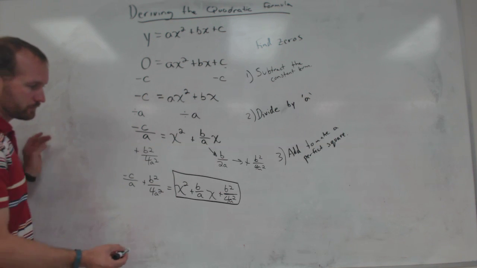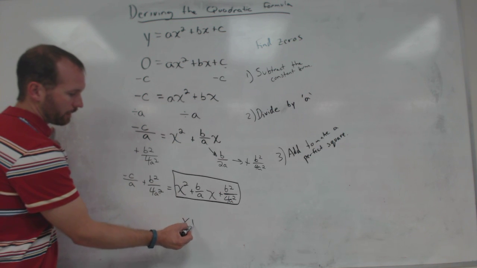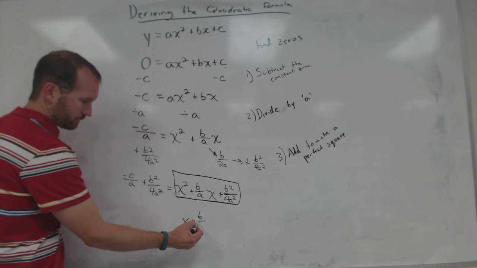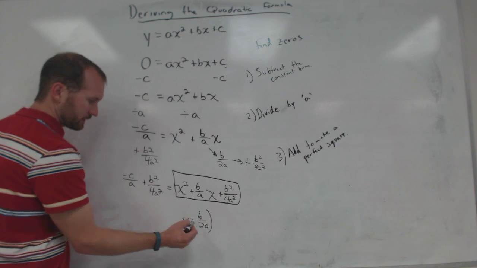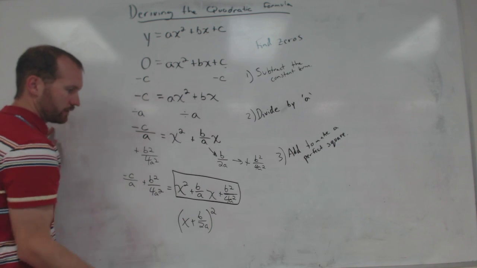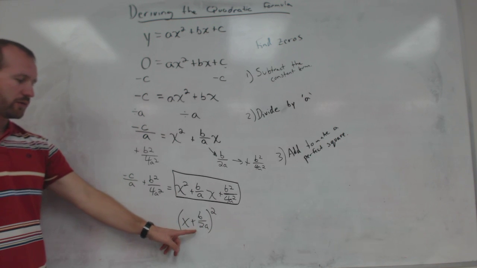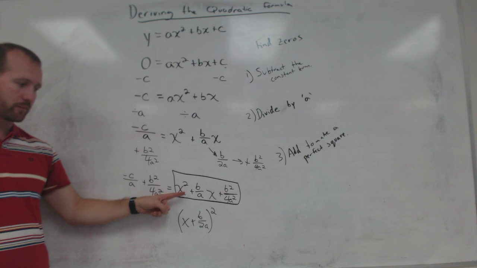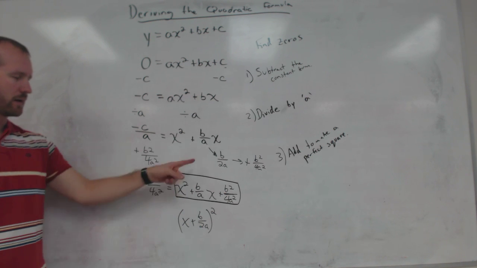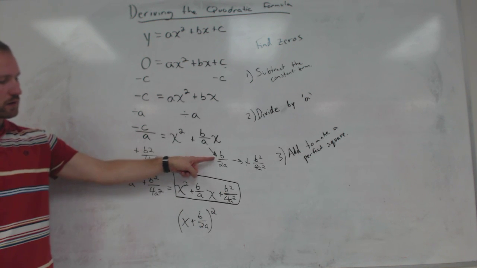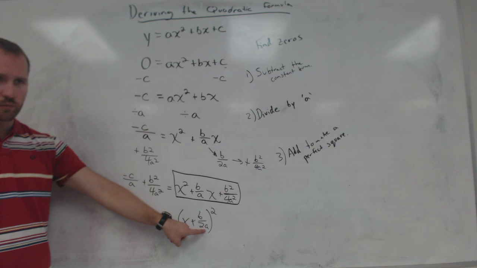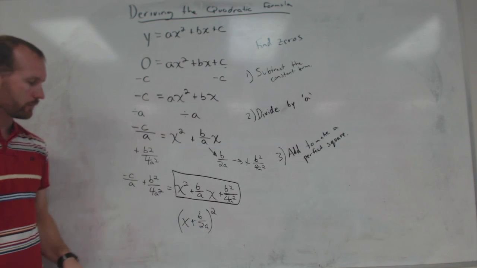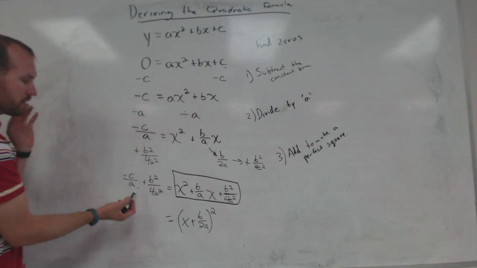Would it be x plus b over 2a in parentheses squared? Exactly. And you could FOIL this out and it would equal this. But for now we're just going to trust that doing this little step here gave us the number that we want to put down here. And this side stays the same.